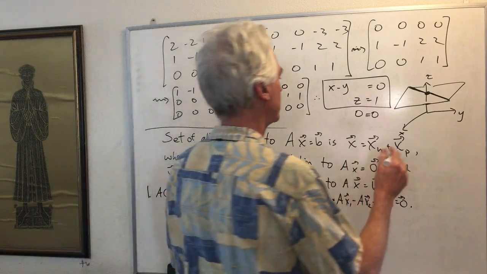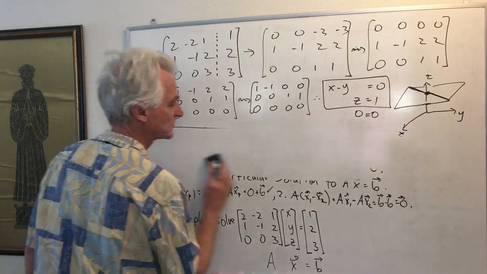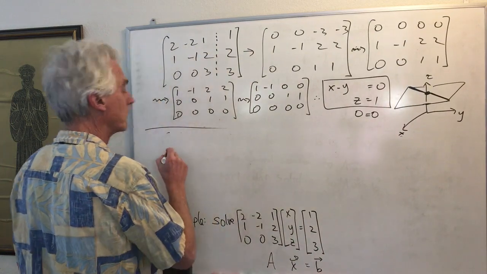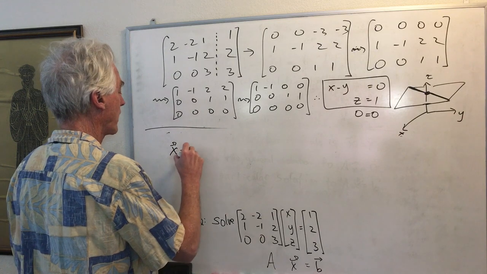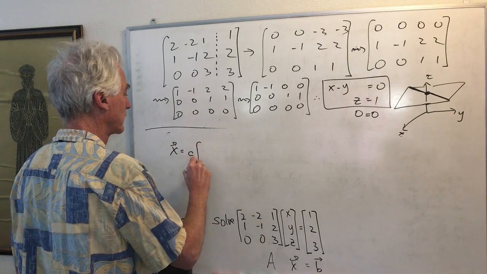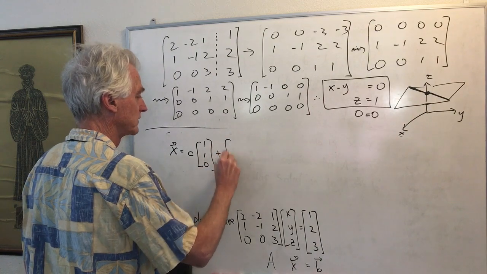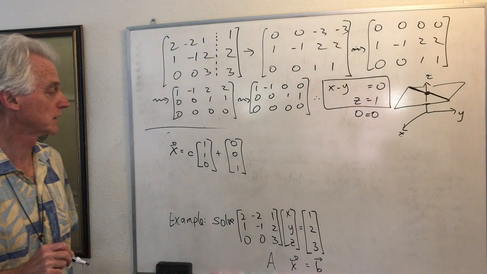I can write this solution in this way. x is equal to some constant times 1, 1, 0, plus 0, 0, 1. Right?